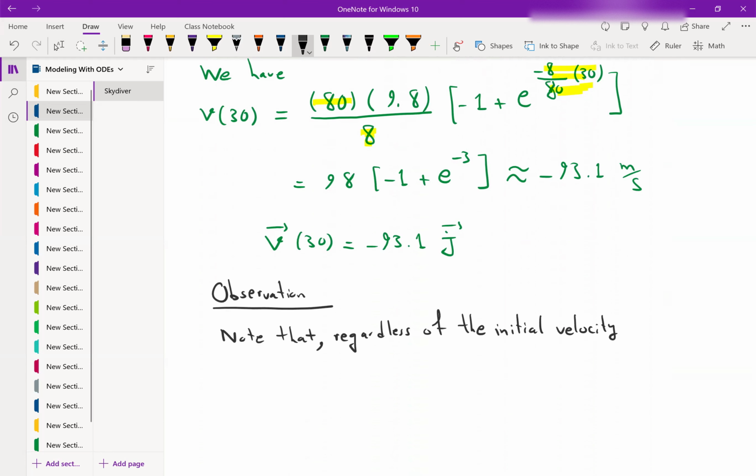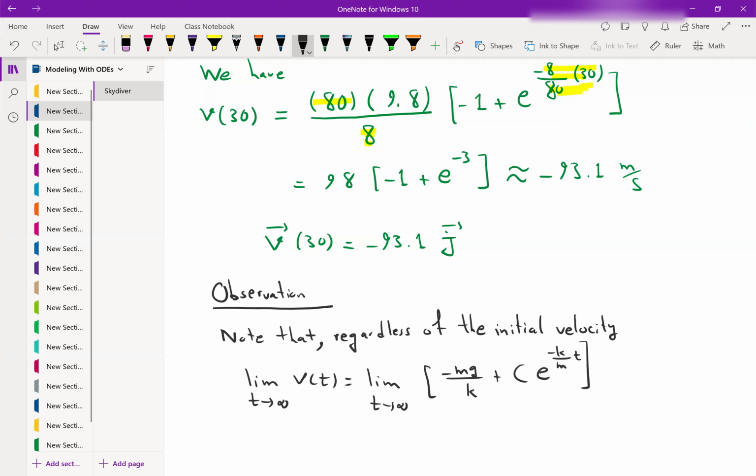the limit as t goes to infinity of v of t is equal to the limit as t goes to infinity of -mg over k plus c e to the -k over m t.